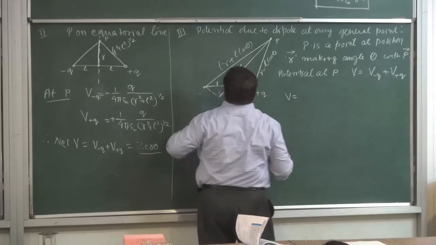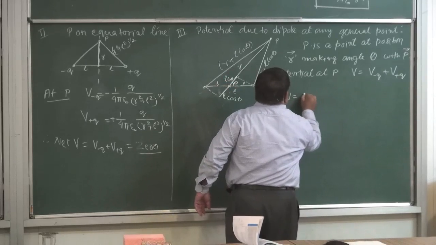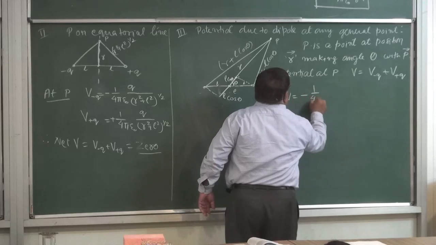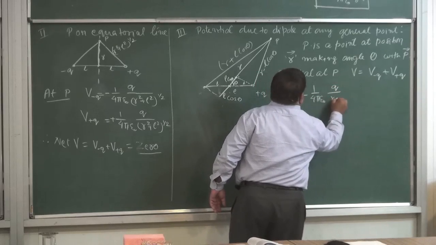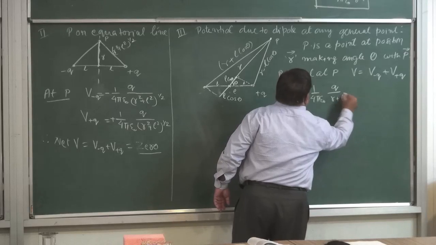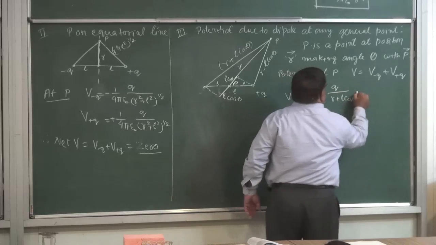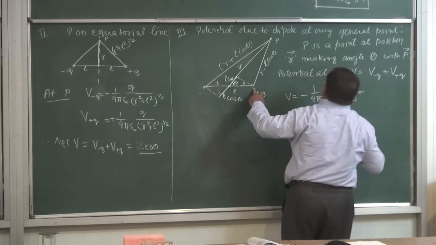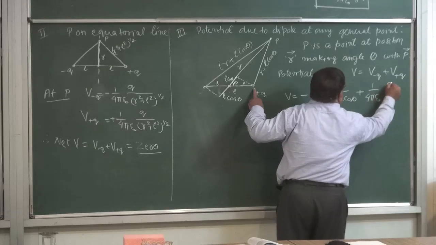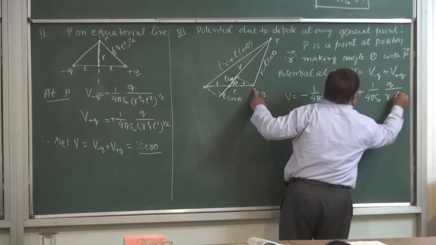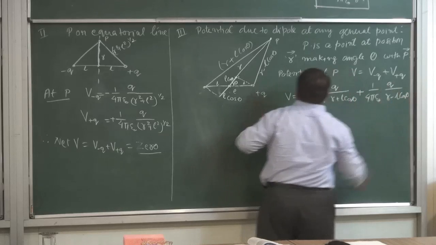V is equal to V due to minus Q, minus 1 upon 4 pi epsilon naught Q upon R plus L cos theta, plus V due to plus Q, 1 upon 4 pi epsilon naught Q upon R minus L cos theta.